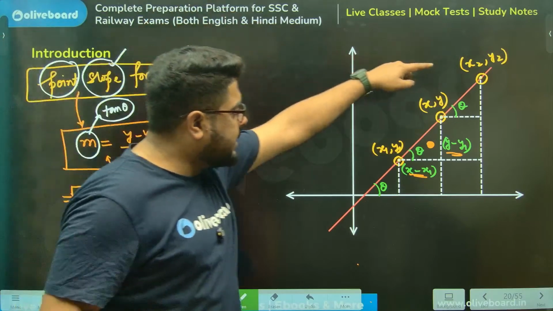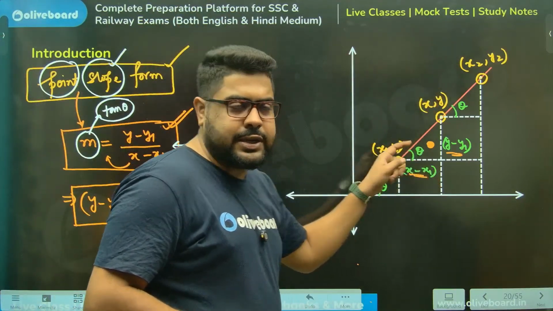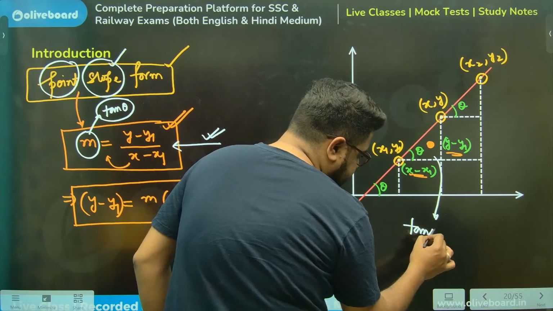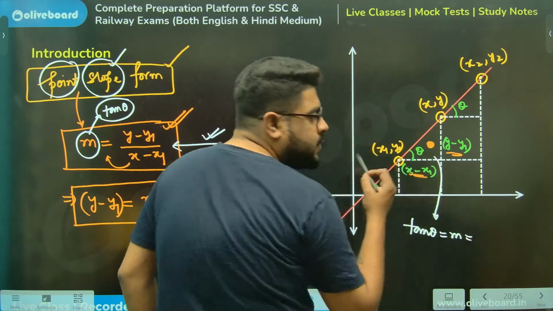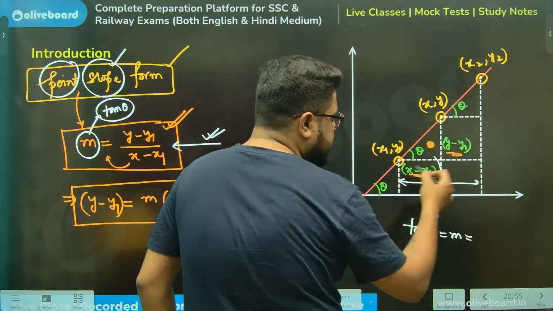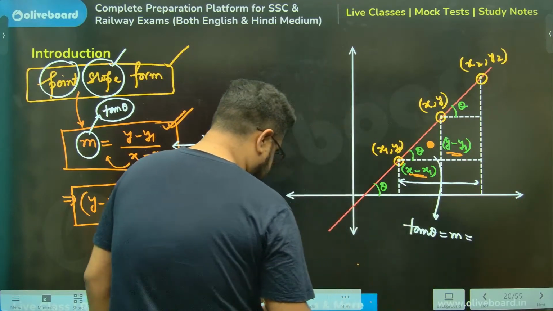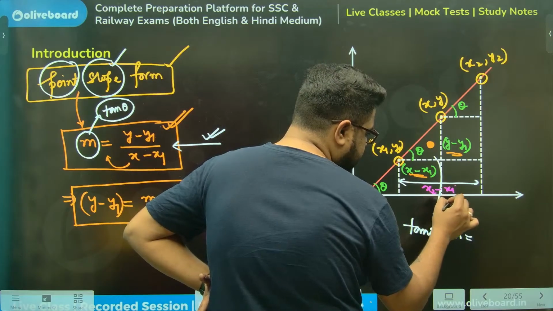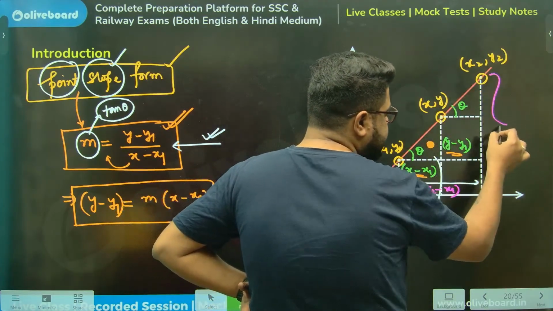Now here, if you take the bigger triangle, this is also theta. So from there, I can simply say tan theta, or slope, is equal to how much is this distance? Total is x2, this is x1. Can I simply say this is x2 minus x1? And how much is this distance?